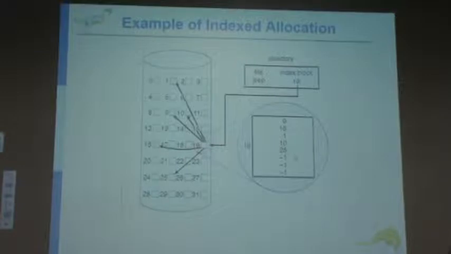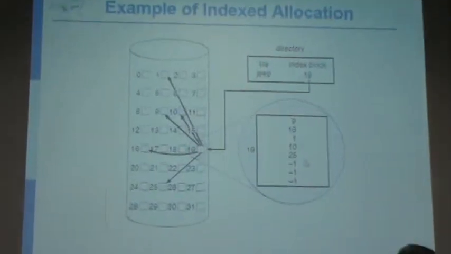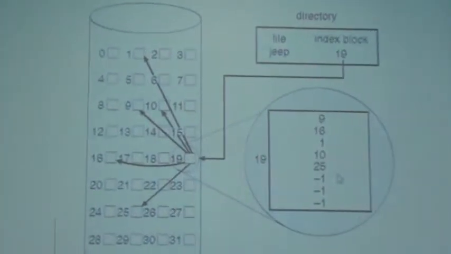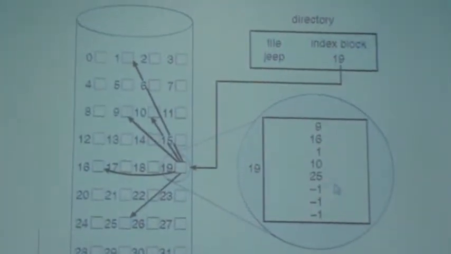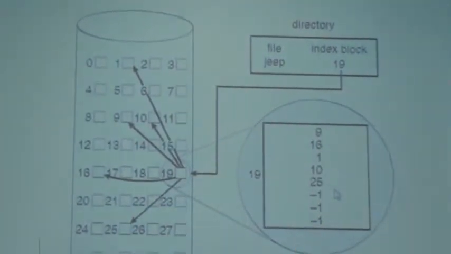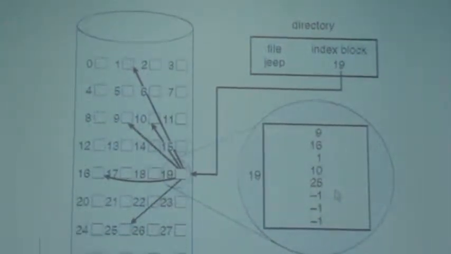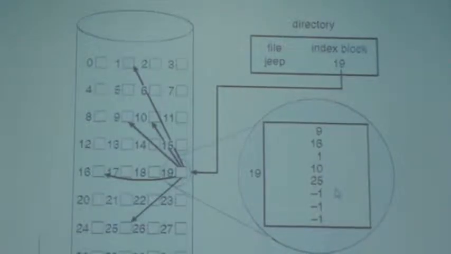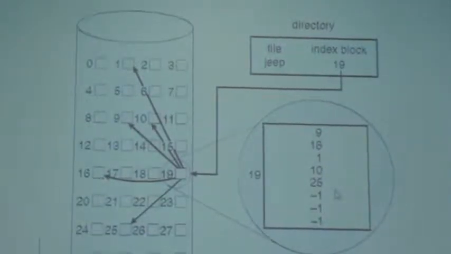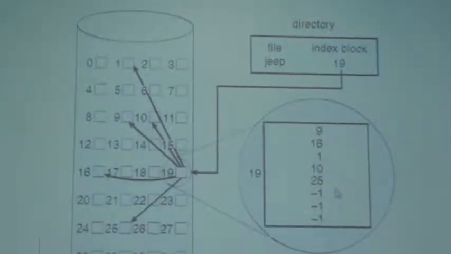In this file, to store the file named zip, we need to first allocate block 19 for the indexing block. This block has all the addresses of the data blocks. Okay, the benefit of using such an index block is that you can do random accessing. What about the linked list?